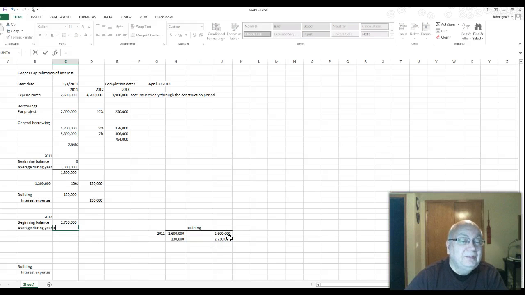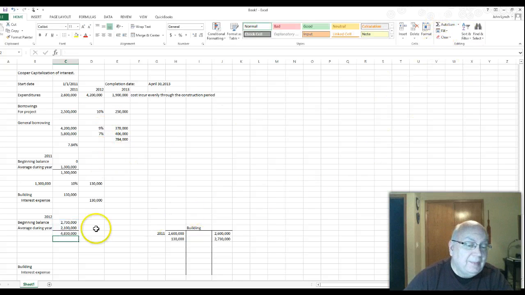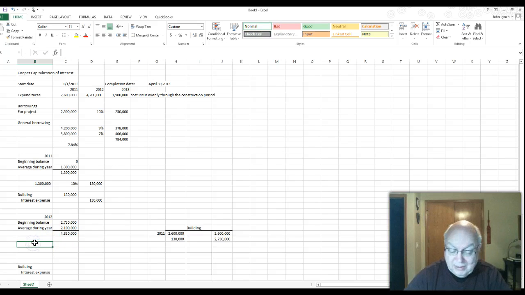Then we want the average expenditures, which is the 4.2 million divided by 2. And again, we'd add those up. So this is the amount that's subject to capitalization. That's not your total expenditures for the year. That's how much you have subject to capitalization. Now remember, this is over the 2.5 million that we borrowed.